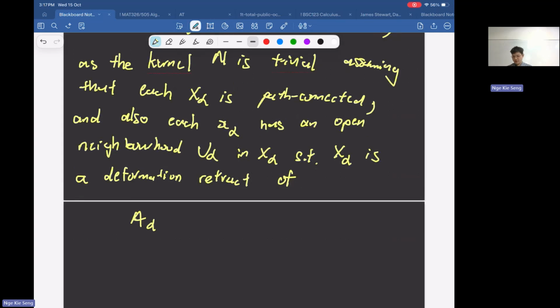A alpha equals x alpha wedge with the others, not equal to alpha.